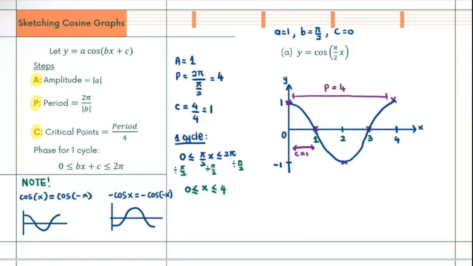So dekat sini, contoh kalau soalan tanya domain, domain secara general untuk graf cosine adalah negative infinity until infinity. Dan range bukan secara general, berdasarkan graf kita, range kat sini adalah negative 1 until 1. Tapi kalau soalan ada beritahu domain dia apa, kita ikut domain dia lah.